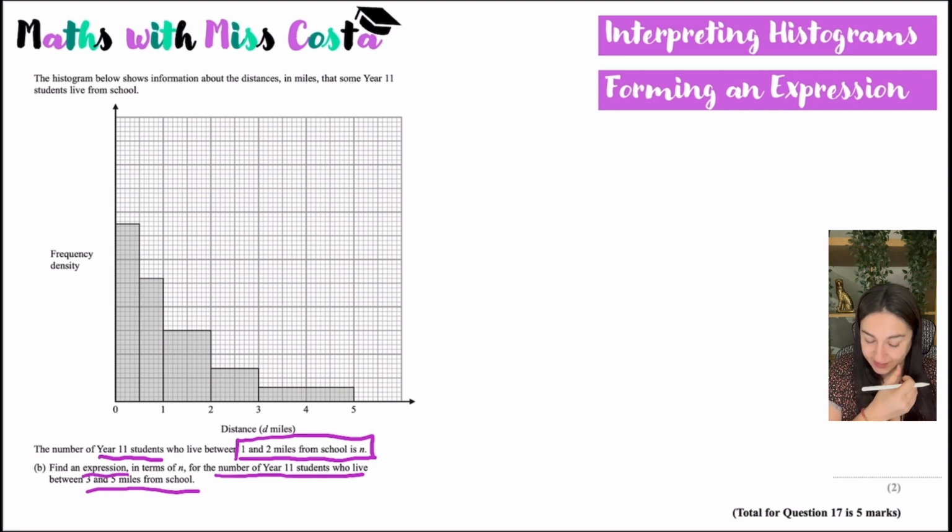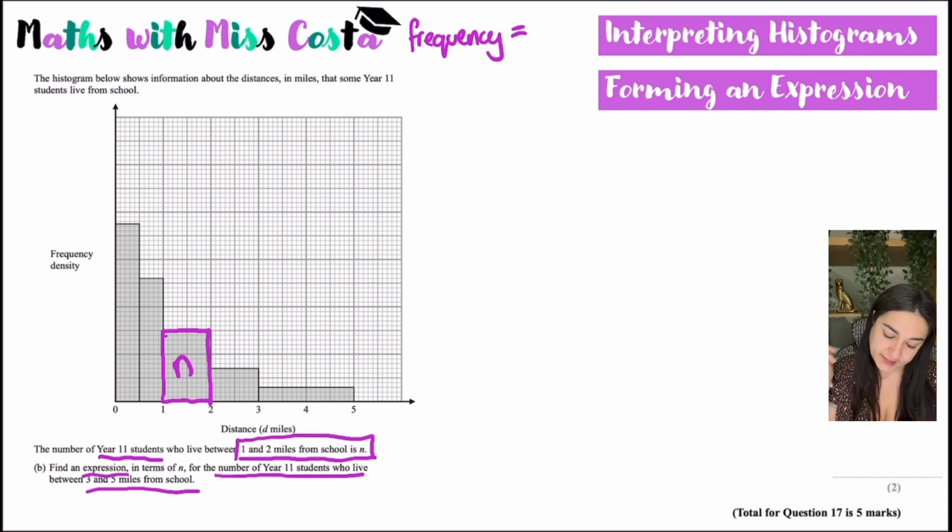In terms of n for the number of year 11 students who live between 3 and 5 miles from the school. Okay, so the key piece of information I've been given is that the number of students, so the frequency of year 11 students who live between 1 and 2 miles is n. Okay, so I know that the area of that is n.